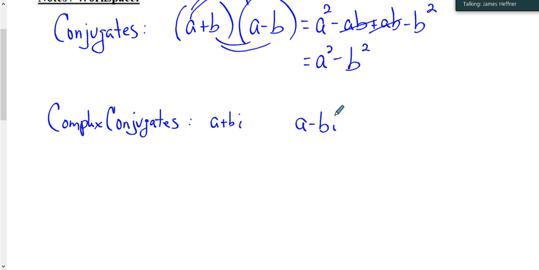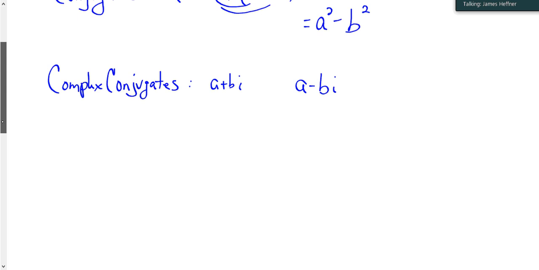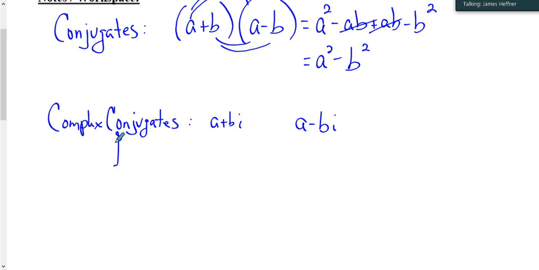Let me give you a quick example. Let's say I have 3 plus 2i, and I multiply by its complex conjugate, which would be what, guys? 3 minus 2i. We'll see what we end up with here.